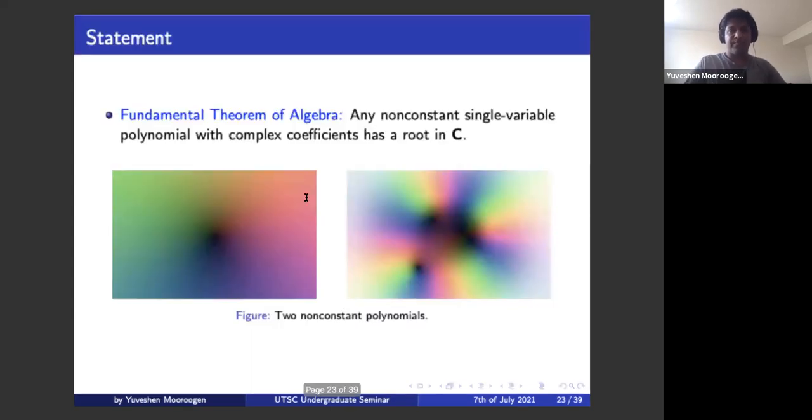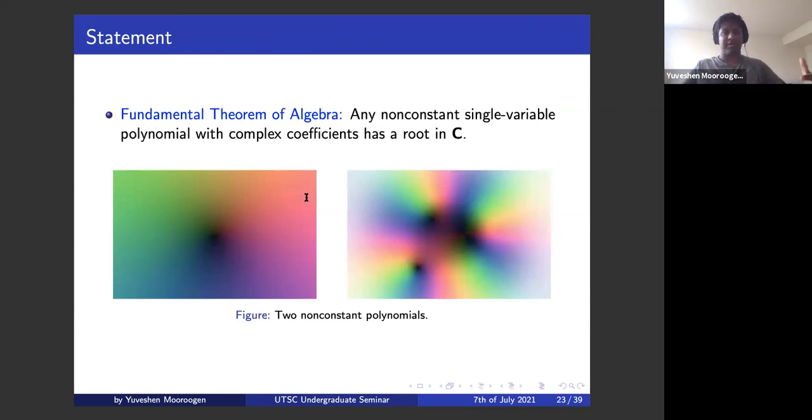So, I mean, let's just look at it. To begin, let's go back to the statement of the fundamental theorem of algebra just to make sure we're all on board. The fundamental theorem of algebra says that any non-constant single variable polynomial with complex coefficients has a root in C. Cool.